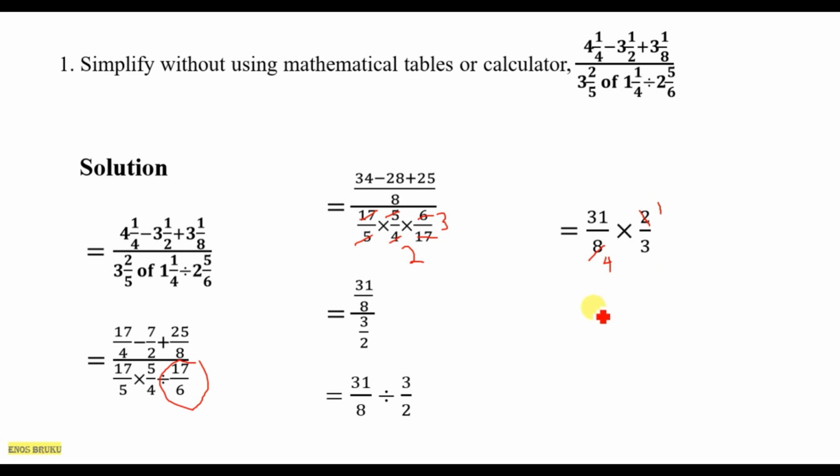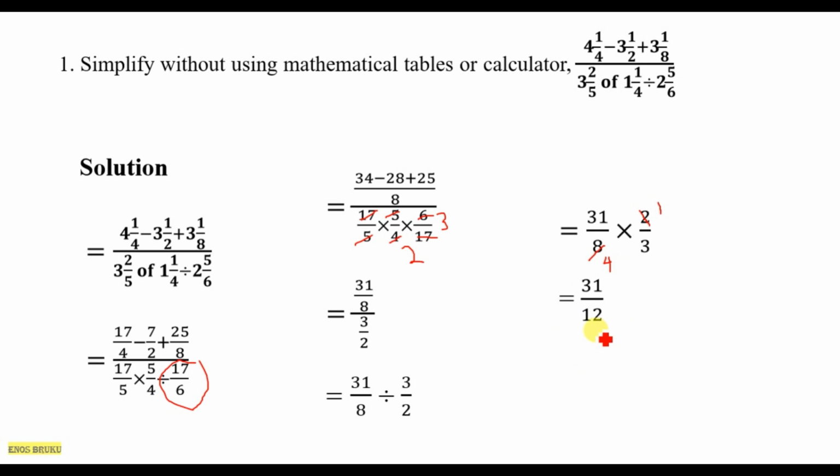So once you have this, the next thing to do is to just multiply what is left. So 31 times 1, and then 4 times 3. 31 times 1 will remain 31. 4 times 3 will give us 12. So our answer is 31 over 12.